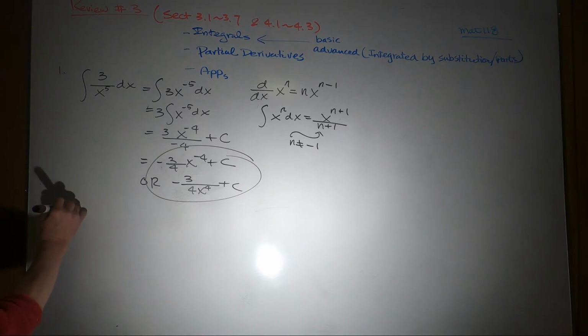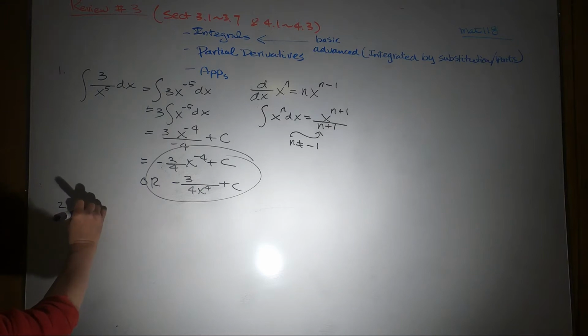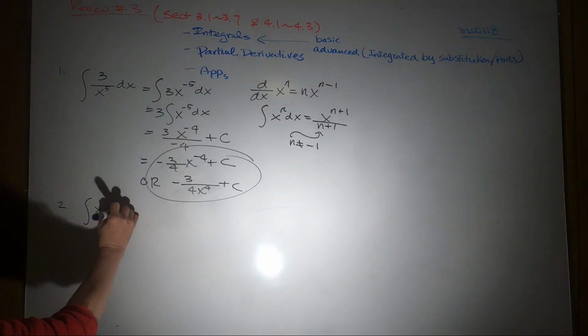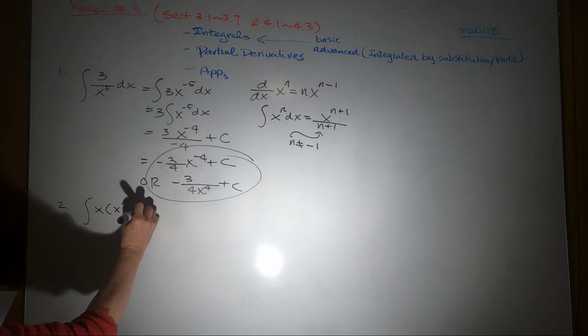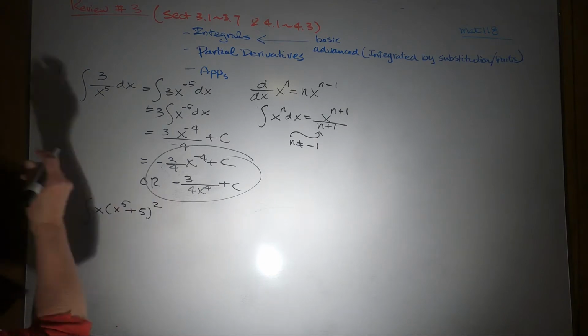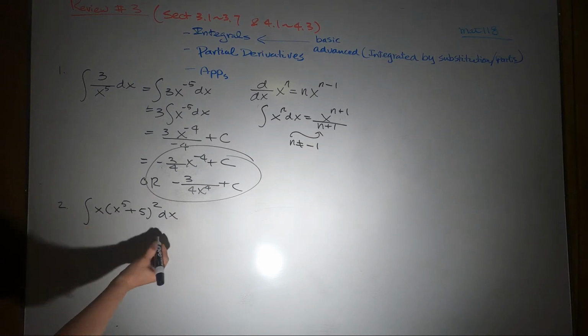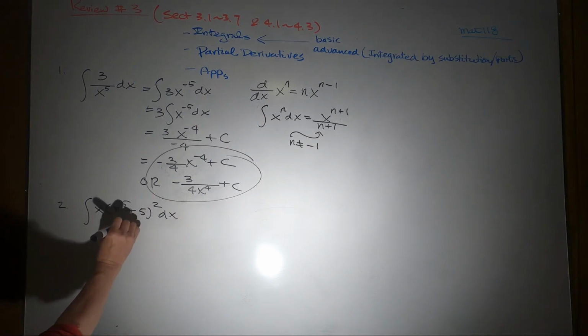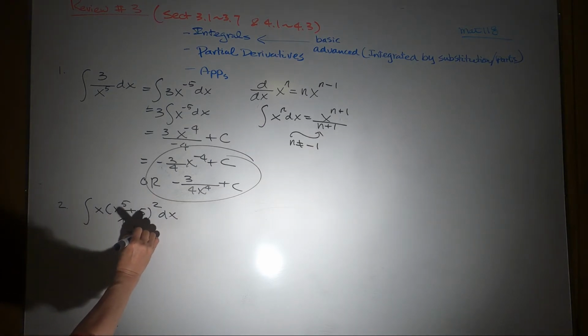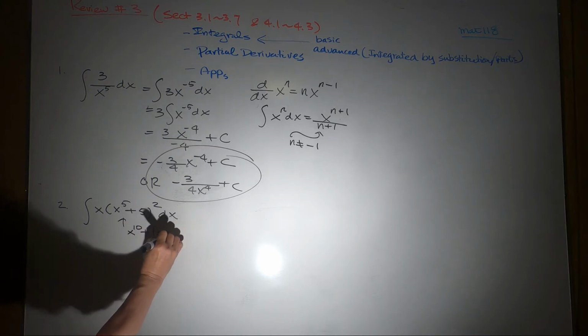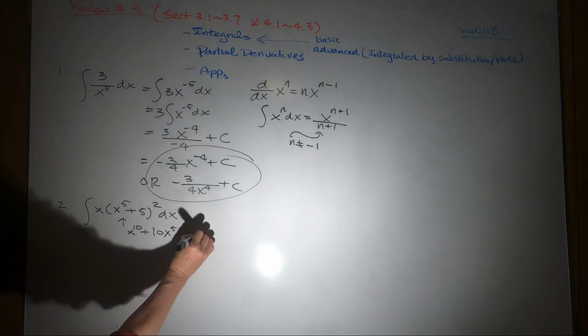Then for the second one, because it's only second power, you can just multiply out. That would be x^10 plus 10x^5 plus 25, right?